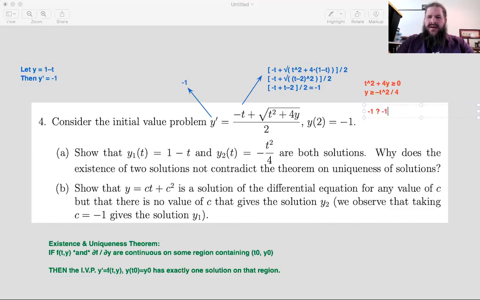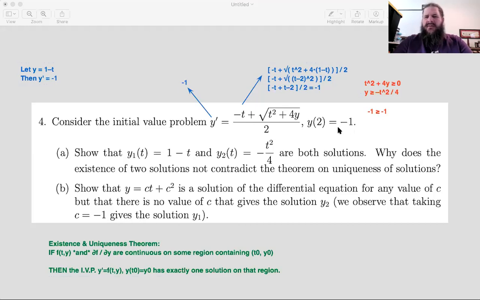Is it true that -1 is greater than or equal to -1? Yes, that is true. But keep in mind it's on the borderline, right? It is true that -1 is greater than or equal to -1, but just barely. If this y value had been any less, then this would not be true.